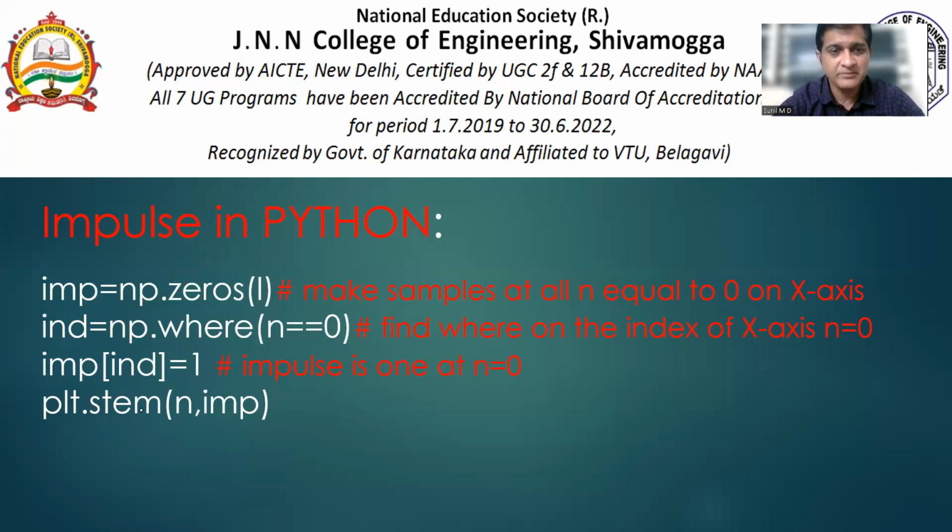And stem is a function in matplotlib which lets us plot this impulse function versus the x-axis, which is discrete points along the x-axis, that is n.